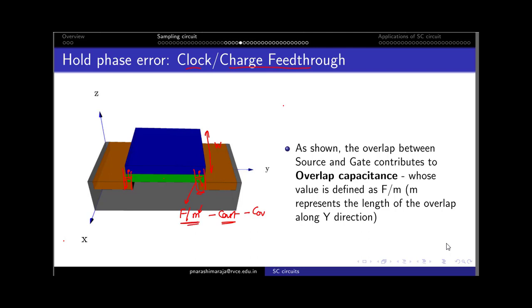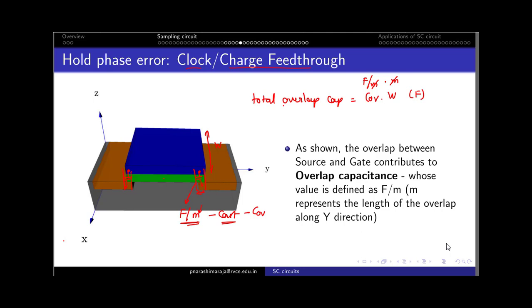To calculate the total overlap capacitance, one has to multiply it with the width of the transistor. The first term has a unit of farad per meter and the second has a unit of meter, so the meter cancels, and the total overlap capacitance has a unit of farad.